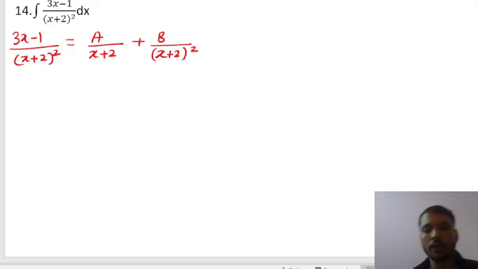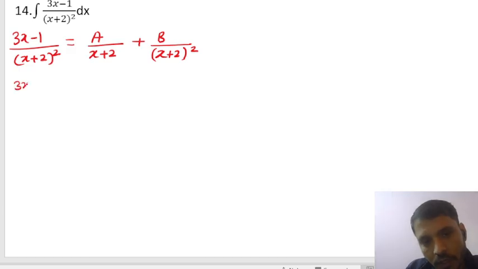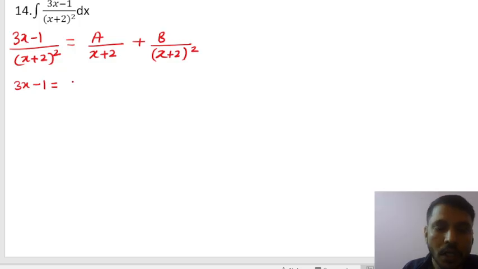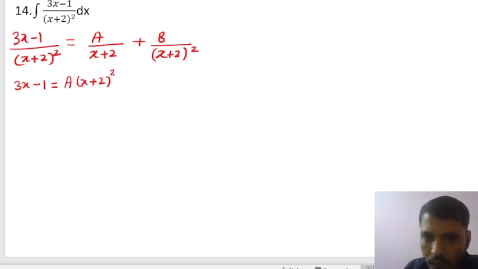Alright. Now we have to take the LCM on both sides. So it will become 3x minus 1, and the denominator we are cancelling on both sides, so here it will become a into x plus 2, plus b.